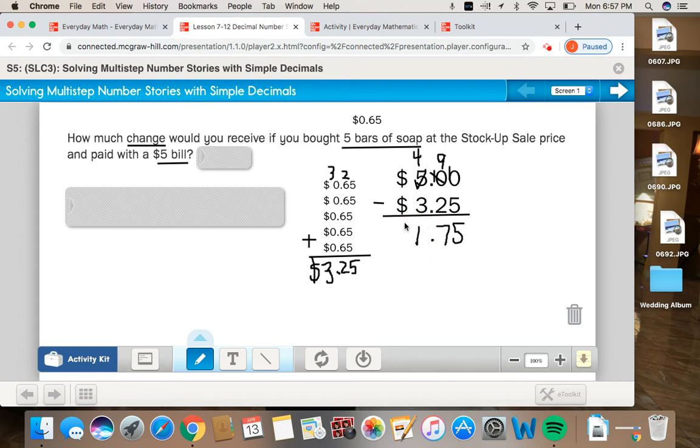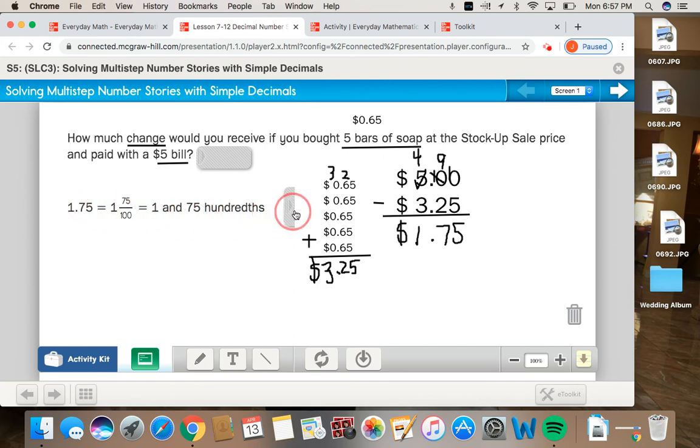And I ended up with $1.75. $1.75 is 1 and 75 hundredths. So you're going to see problems that look like this when you're working today.